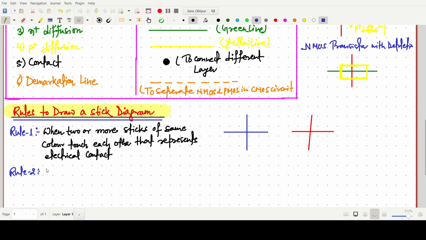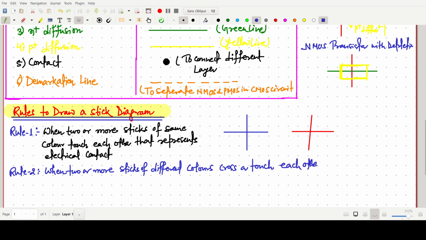So I am writing here: when two or more sticks of different colors cross or touch each other, it means there is no electrical connection.